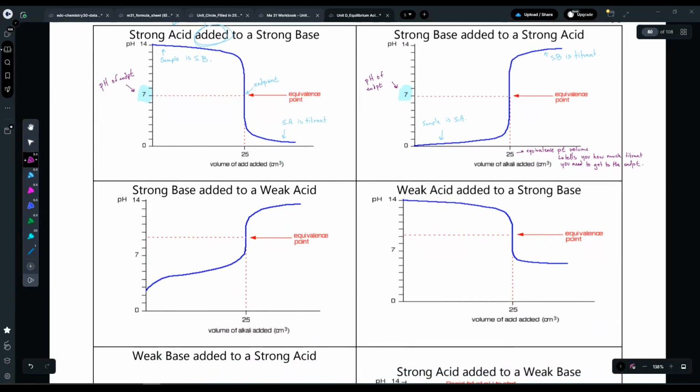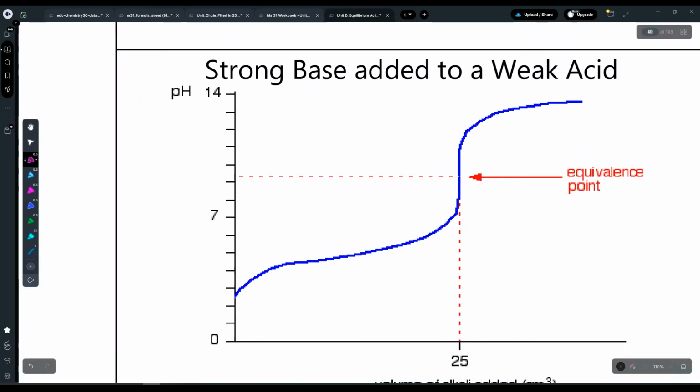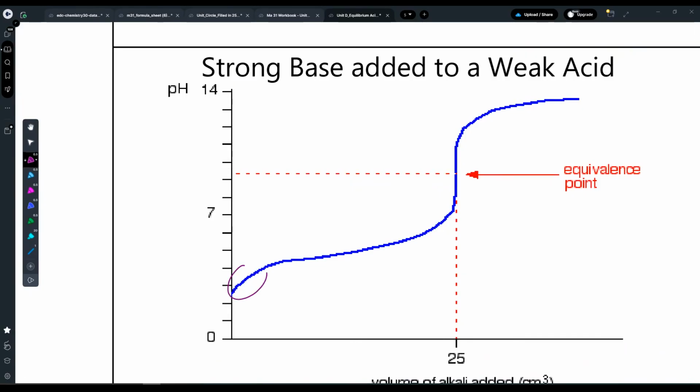Okay, now when you have a strong base added to a weak acid, something you're going to want to look out for here is these little dips. A dip in a graph tells you that whatever you're working with is going to be weak. And since this has a lower pH, that tells us it's a weak acid.